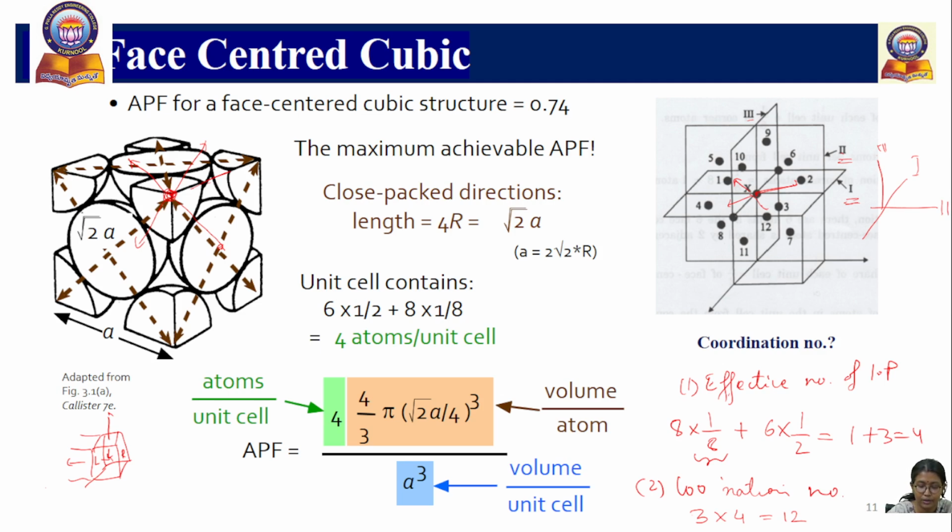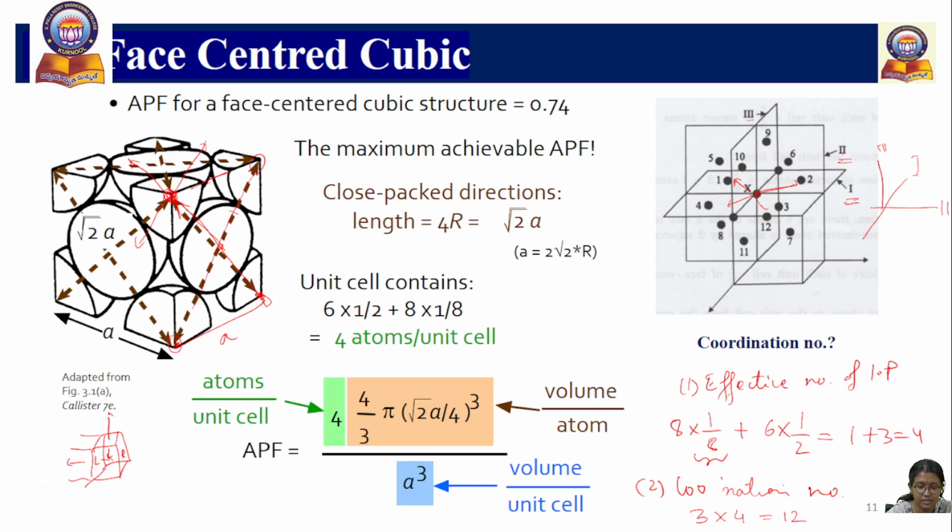Now from this one corner to the other corner, this distance is a. Everywhere, these edges are a. What is the value of the face diagonal? The face diagonal means going from one corner to the other corner cutting through the face. If you go from this corner to this corner, this is another face diagonal.